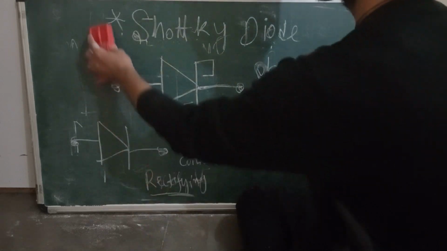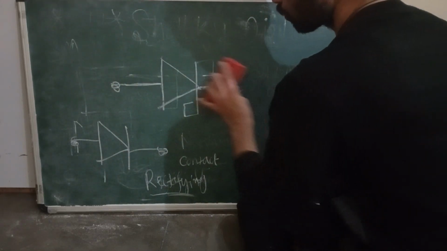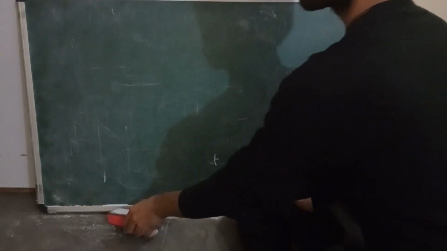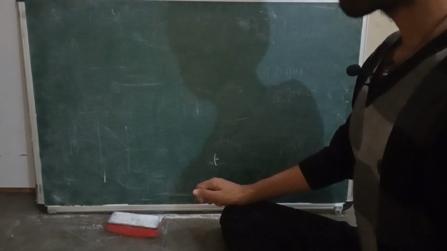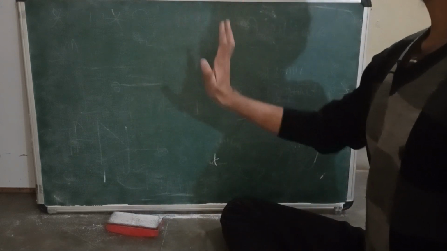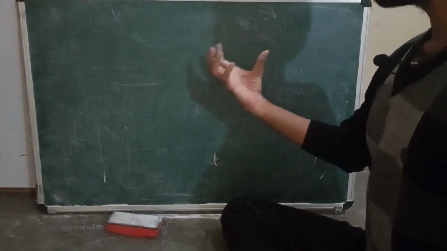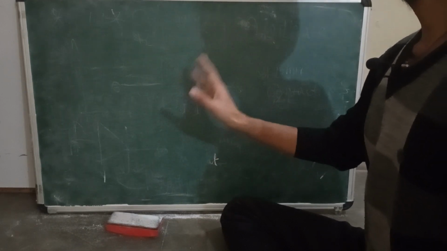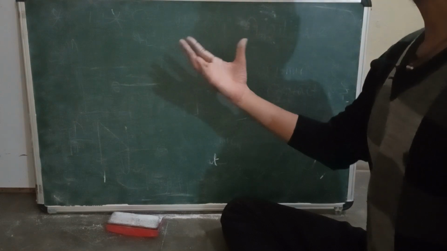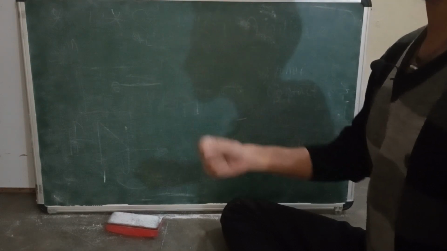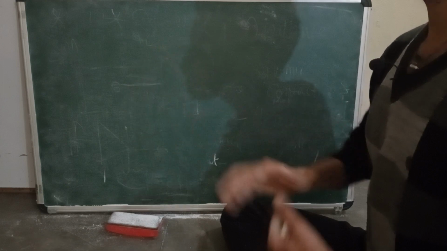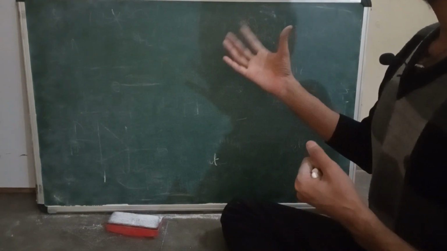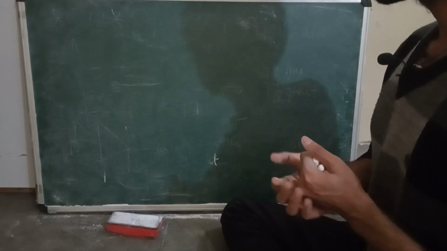What we have seen in the Schottky diode: where is it used? The Schottky diode is used in high frequency applications, and it is able to rectify the high frequency signal. It is also used for high speed switching, as a high speed switching device in logic circuits, like in CMOS switching circuits. In the Schottky diode we have seen that it is a unipolar device.